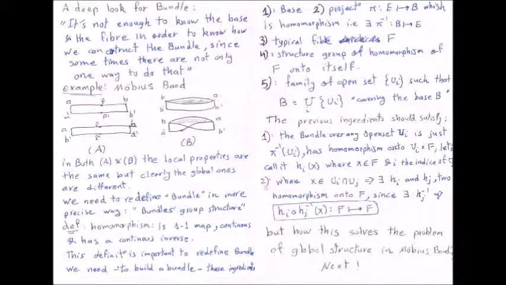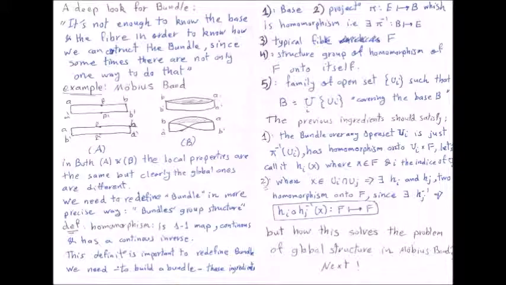That means we could find x in the intersection area between two neighboring open sets, U_i and U_j. In this case, of course, we have two homomorphisms, h_i and h_j, and these two homomorphisms are onto F. And since they are homomorphisms, they are invertible, so we can find h_j^-1.